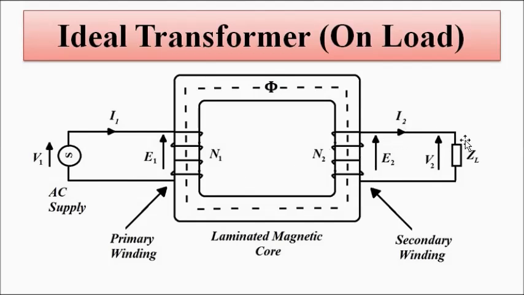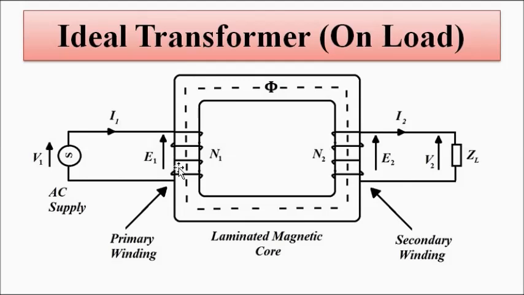Because of this load connected, a secondary current I2 flows through the secondary winding. Because of this flow of current, a magnetomotive force called a secondary MMF is generated, which is opposite in nature to the primary magnetomotive force, N1I1. N2I2 is opposite to N1I1.